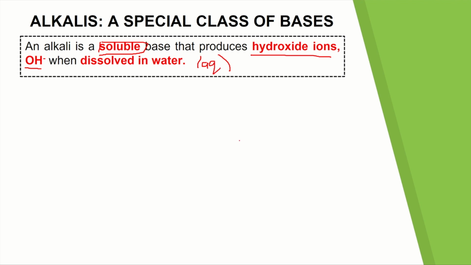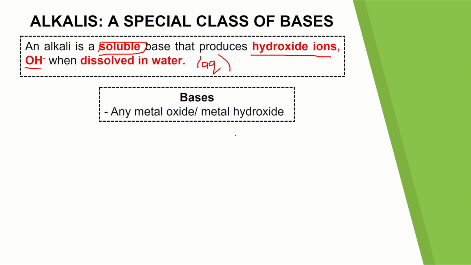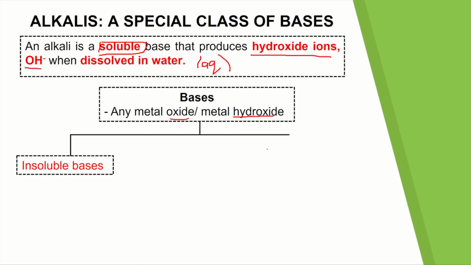From the previous slide, we learned that a base means any metal oxide or metal hydroxide. Bases can be insoluble, which means they do not dissolve in water and remain as a solid, or they can dissolve in water to form an aqueous solution. This soluble base is called alkali.